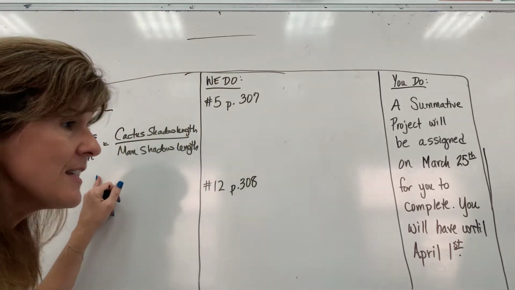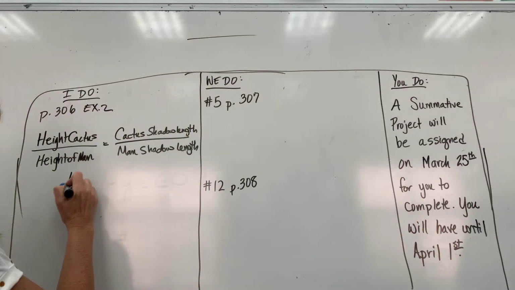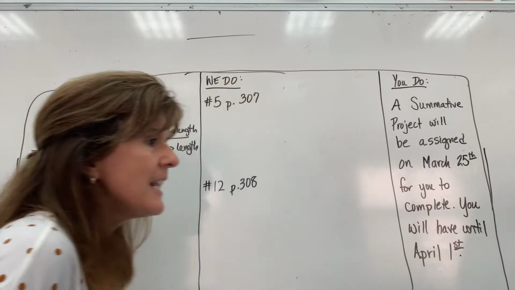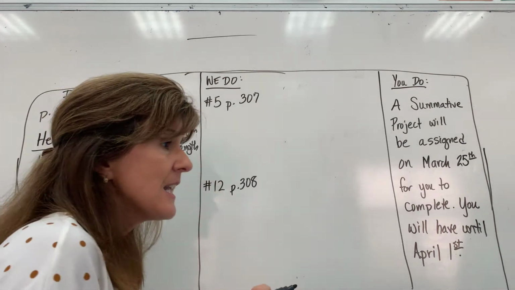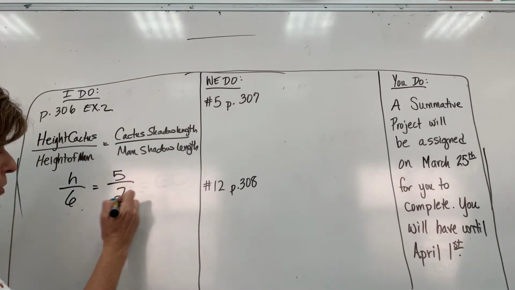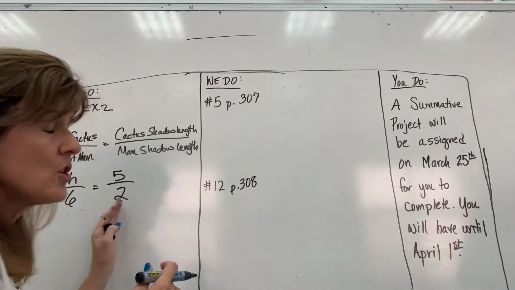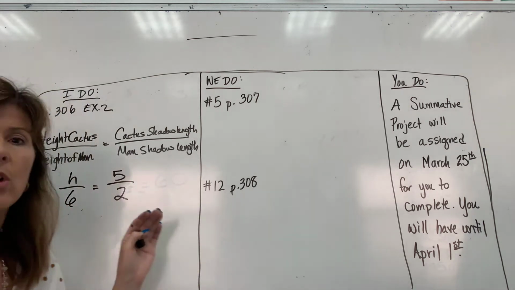So here the height of the cactus is what we don't know, so we're going to call it H. The man is 6 feet tall. The length of the cactus shadow is 5 feet. And the length of the man's shadow is 2 feet. So we know that it's directly proportional, so these two ratios are equal.